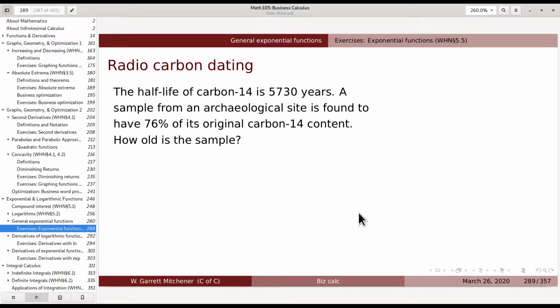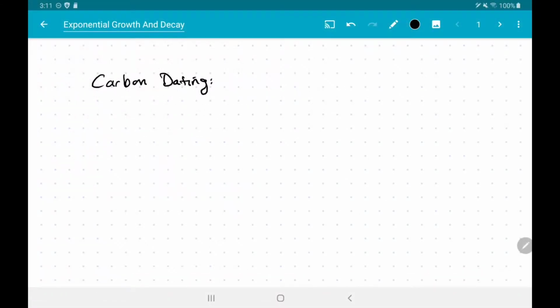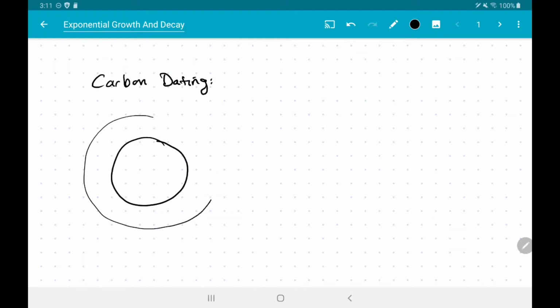Okay, so first, a little bit of context. Radiocarbon dating. How does this work? Well, here's the Earth, and there's an atmosphere around the Earth, and in the atmosphere is a lot of carbon dioxide.